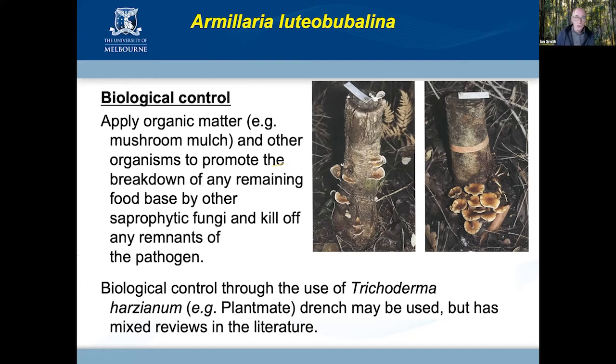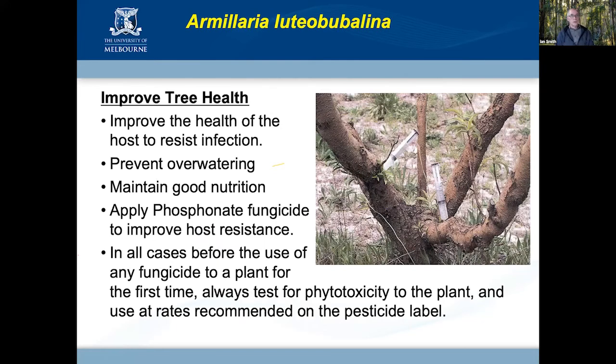You can try improving the tree health to resist it. Again, they've used phosphonate to inject into fruit trees in this case, and that seemed to give some protection from Armillaria. You also maintain good nutrition, and again, as with Phytophthora, the tissue water content of the actual tree is an important part.